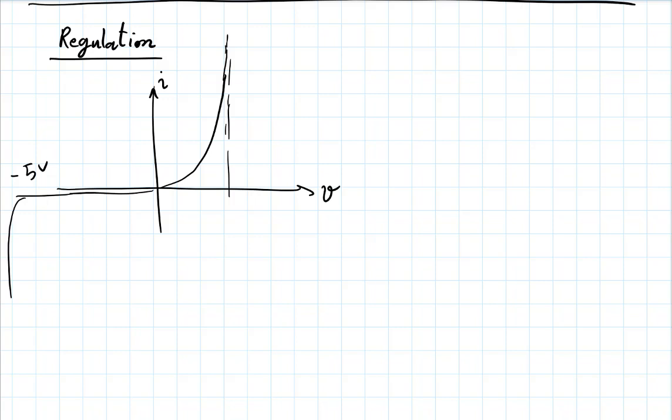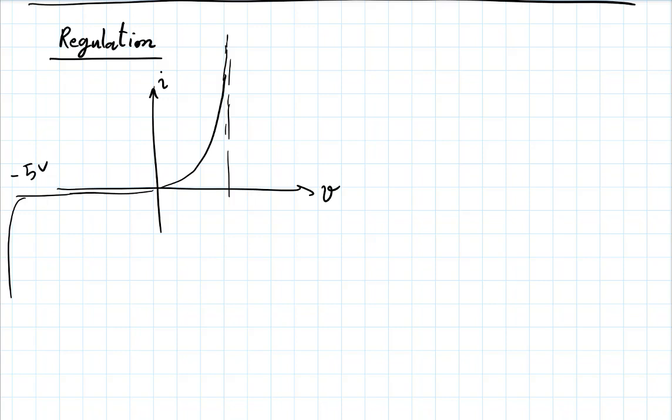So we are going to use this property of the diode to build a regulator, to create a circuit that will basically manage to keep the voltage somewhat constant, even despite some variations in the load current. Now, the forward bias that you need on diodes is 0.5, 0.6, 0.7.